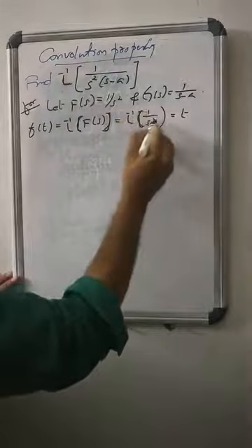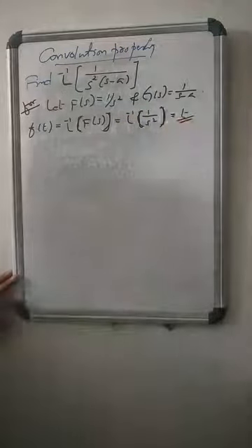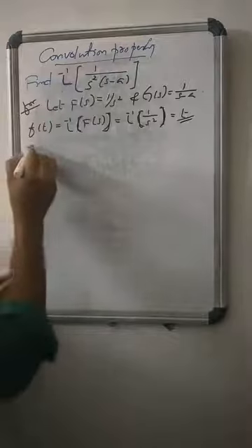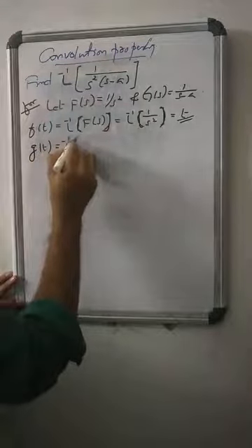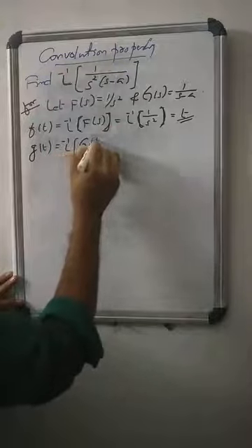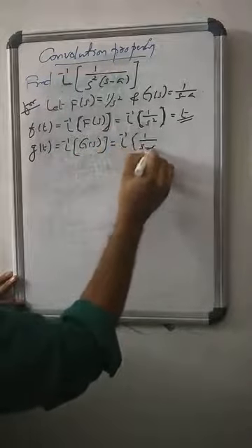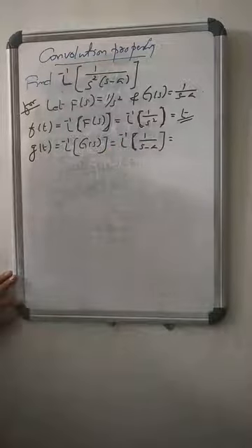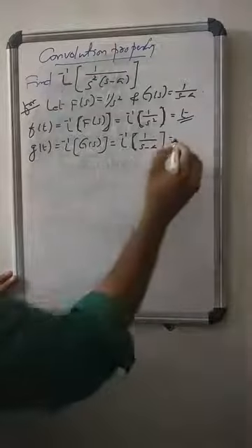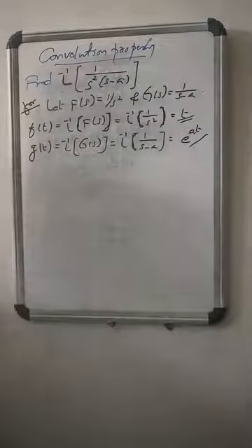So L inverse of 1 by s square is t. So this is f of t. What is g of t? g of t is L inverse of g of s, equals L inverse of 1 by (s minus a). What is L inverse of 1 by (s minus a)? It is e power at. So this is g of t.